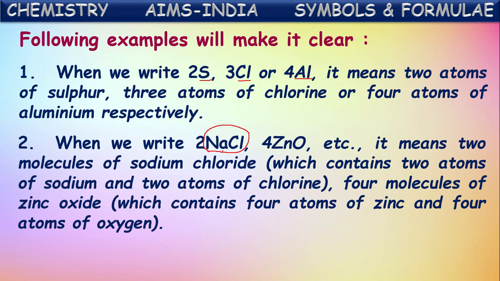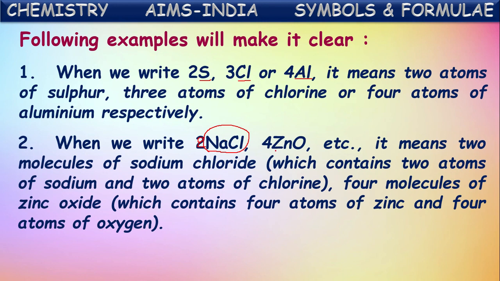Now we can say this is the chemical formula of sodium chloride. Before the formula of sodium chloride, 2 is written. This 2 represents two molecules of sodium chloride. Okay, and you can also say the total number of atoms from this: 2 atoms of sodium and 2 atoms of chlorine. Isn't it?